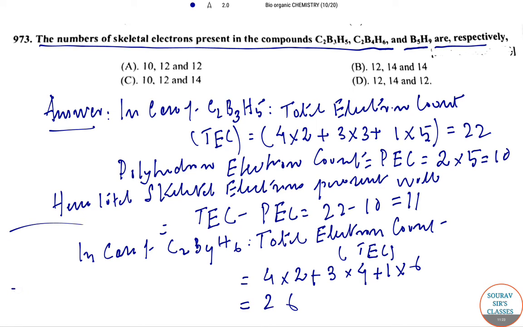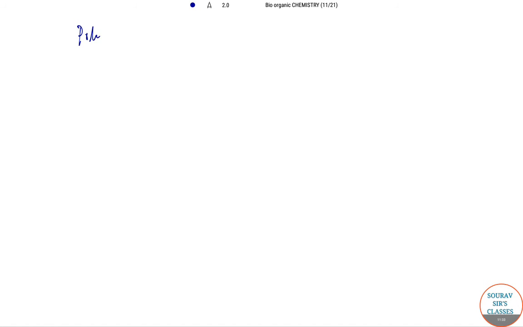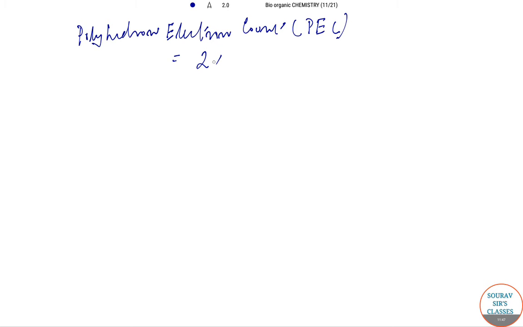Now polyhedron electron count, that is your PEC, 2 into 6, that is 12.